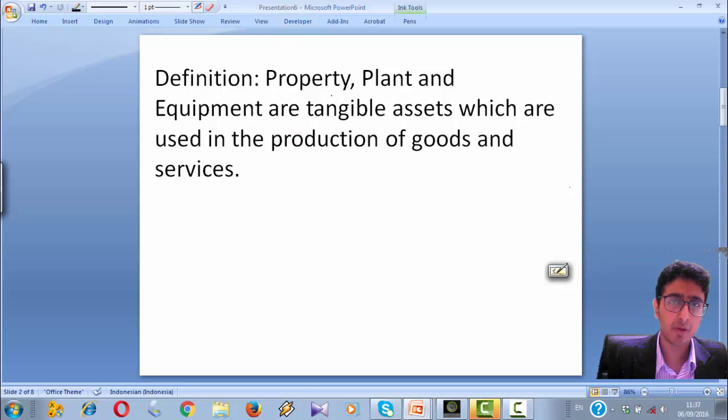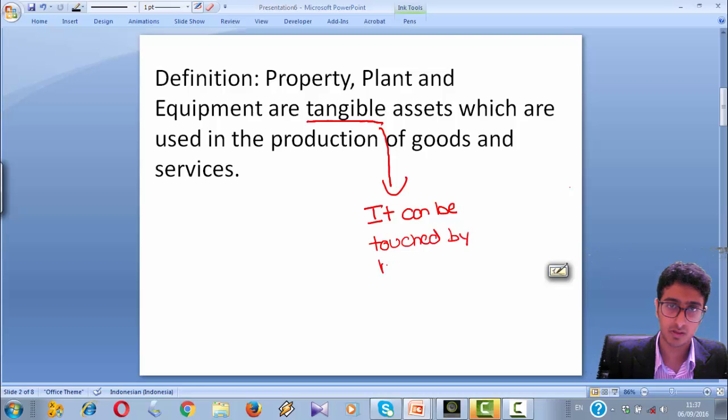Now, you might be wondering, what does tangible mean? Tangible simply means it can be touched by hands.